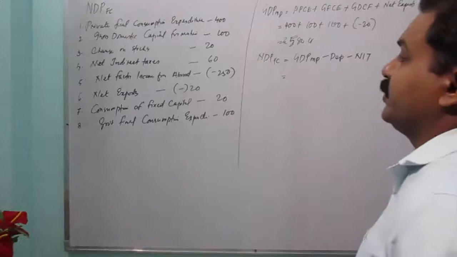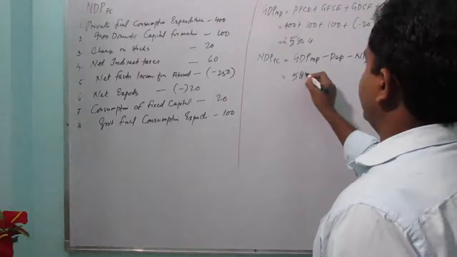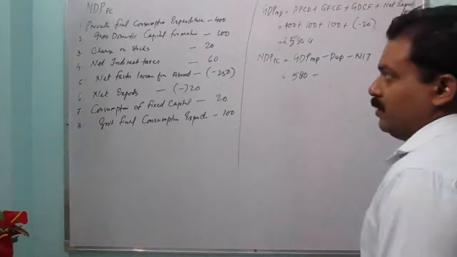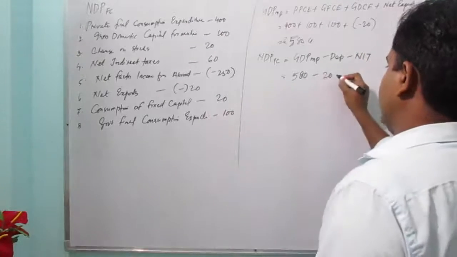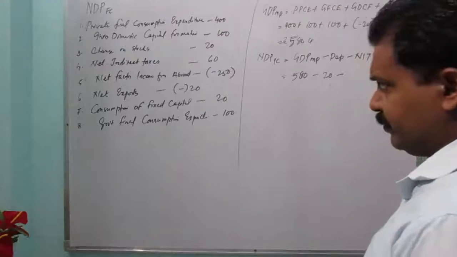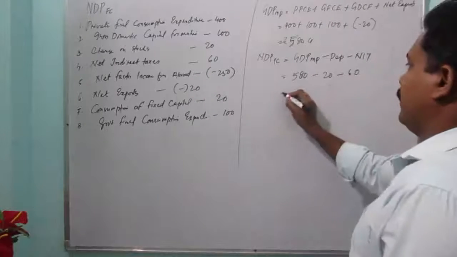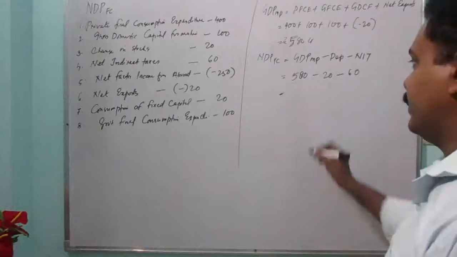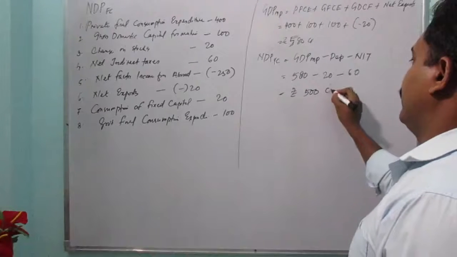So GDP MP 580 minus depreciation 20 minus NIT, net indirect taxes, 60. So that is going to be 500 crores.